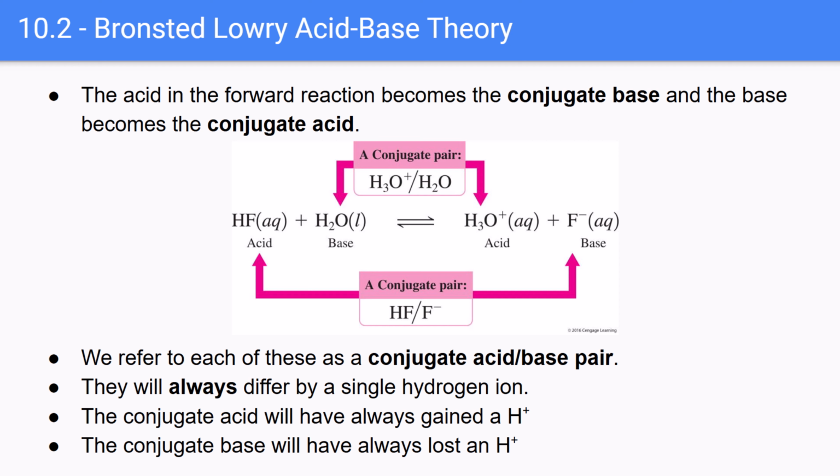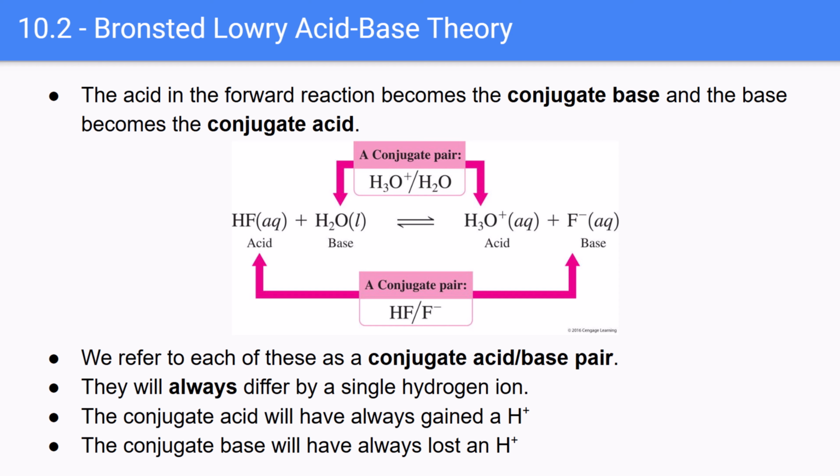Now, one thing I want you to notice is that there are some terms that we use to describe the products of this reaction. So we don't necessarily just focus on the initial acid and the initial base, but rather we take a look at what it becomes at the very end. So I want you to notice that HF is the acid in this reaction and H2O is the base. And I know that because HF donates its hydrogen to the H2O, therefore leaving behind F- and H3O+.